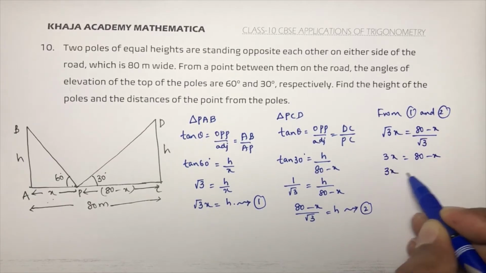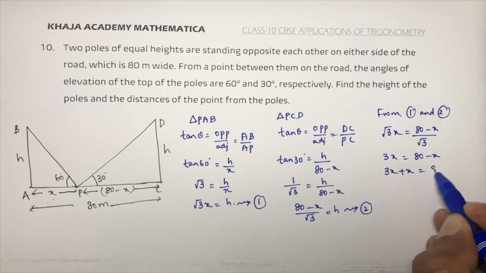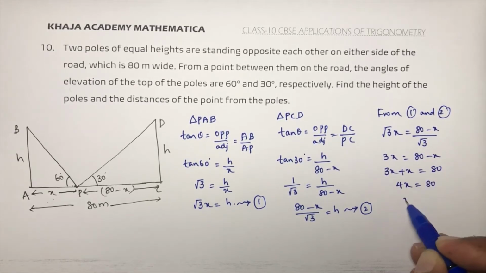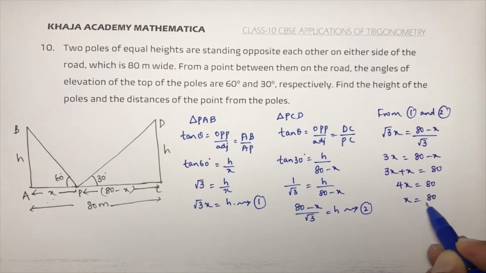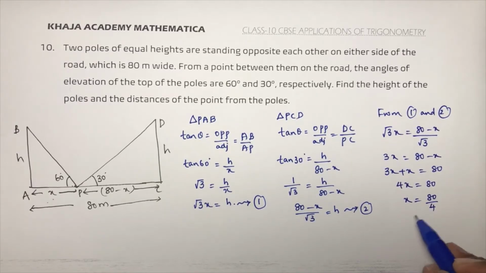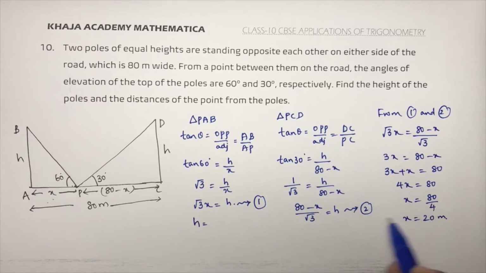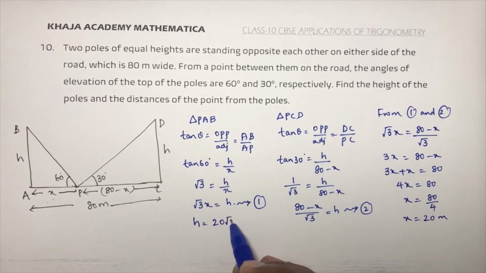Transposing, 3x plus x equals 80, 4x equals 80, x equals 80 by 4. X equals 20 meters. If you want to find height, h equals root 3 times x, x value is 20, so height is 20 root 3 meters.